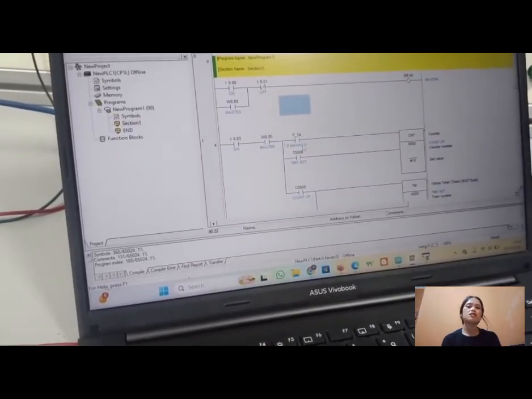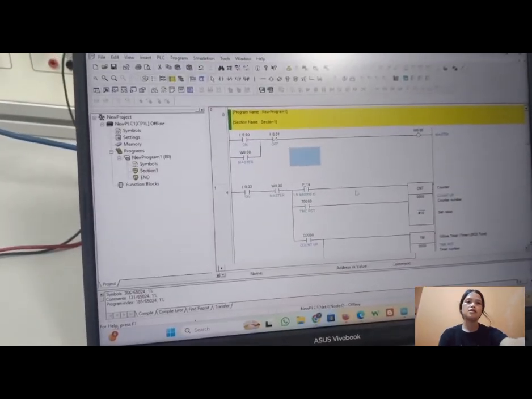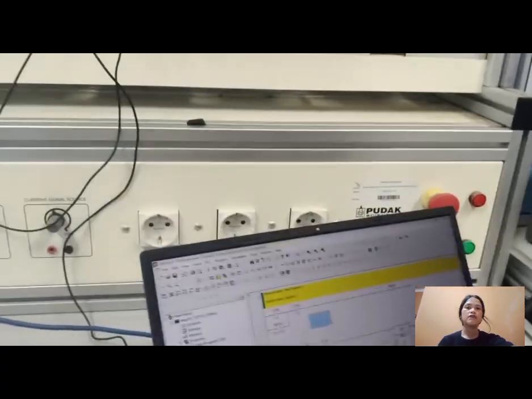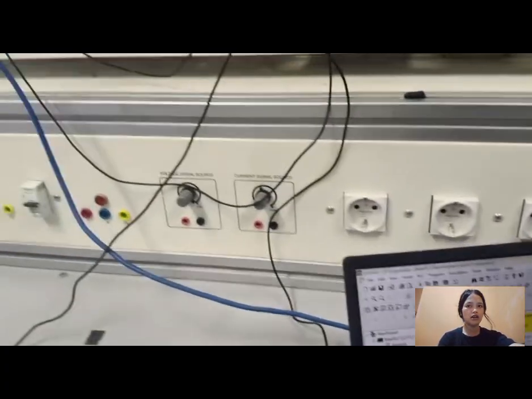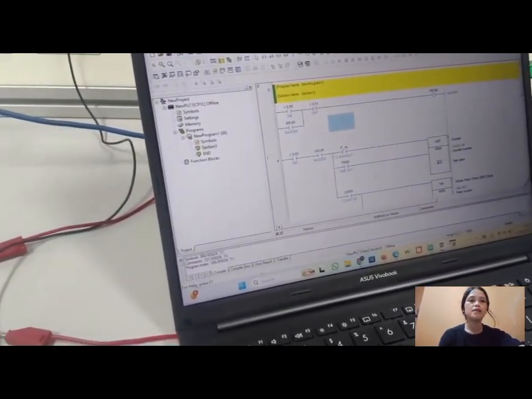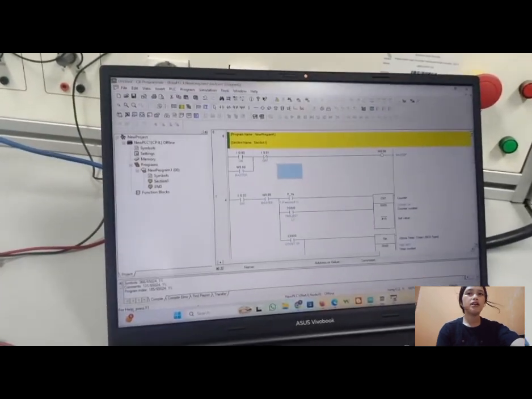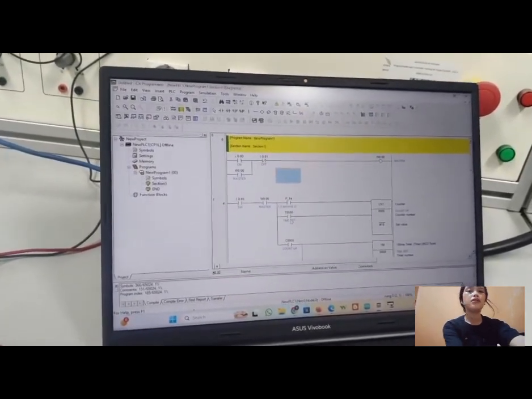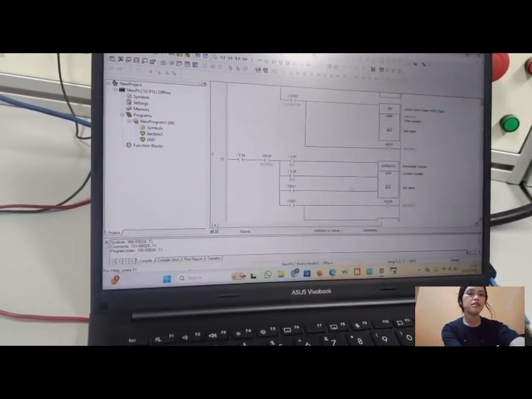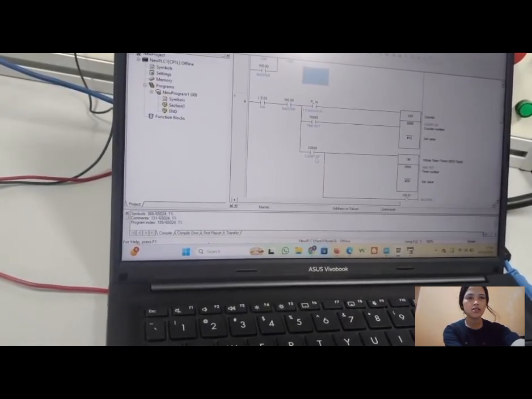The output remains on while the count is at or above the preset value and automatically turns off if the count drops below it. This mechanism allows precise bidirectional counting in automated control systems.